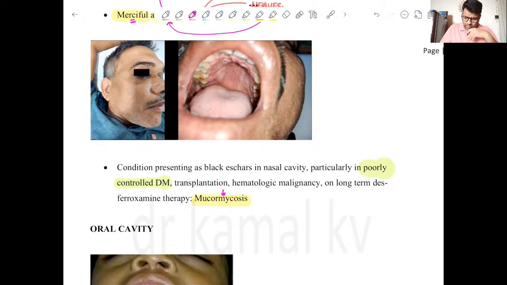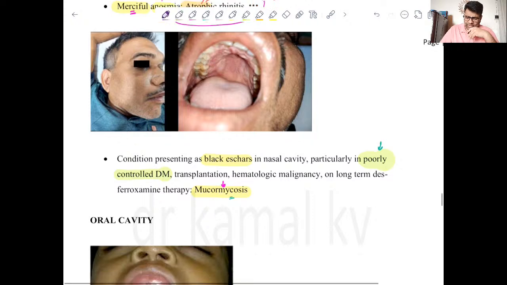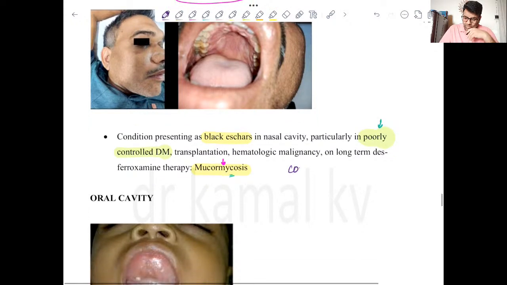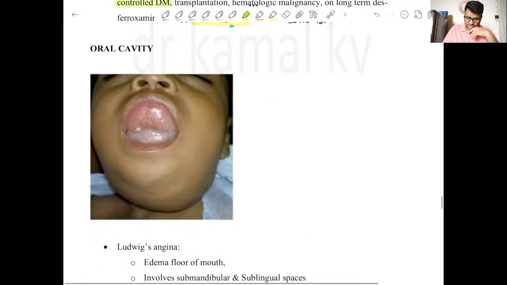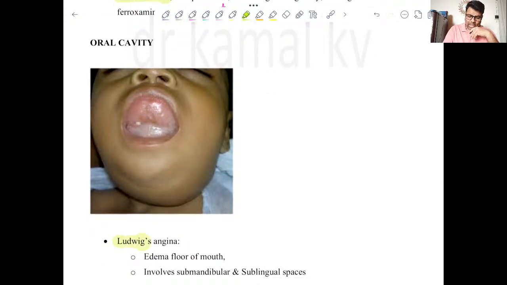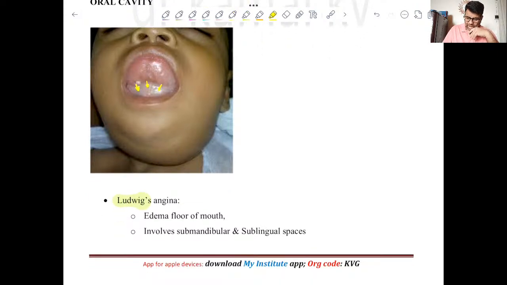So black scars in nasal cavity, especially in diabetics, think of mucormycosis. And a few years back, this question was framed, especially in relation to COVID as a complication of COVID-19 infection, right? Then there is one condition, that is Ludwig's angina, and here you can see edema in the floor of mouth, especially involving the submandibular and sublingual spaces, right?